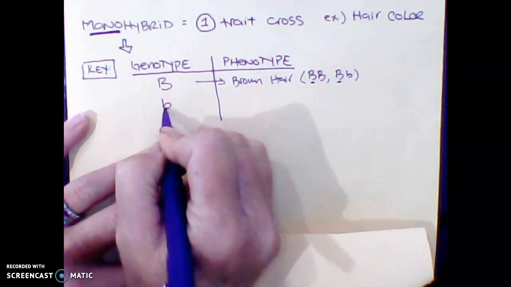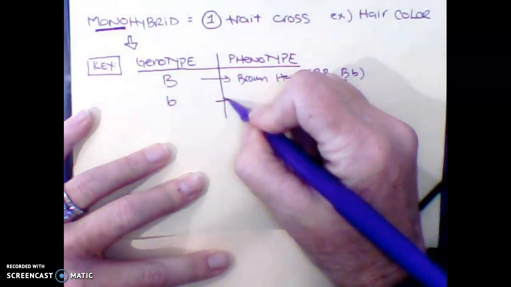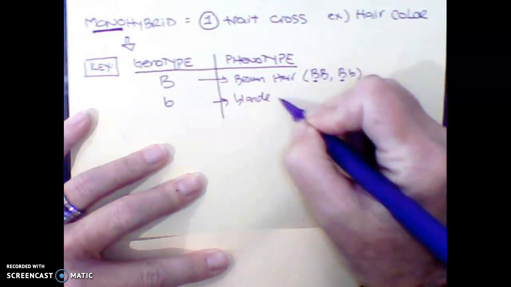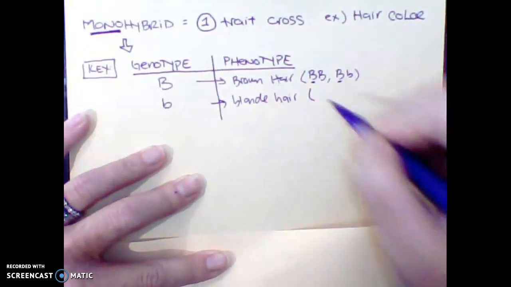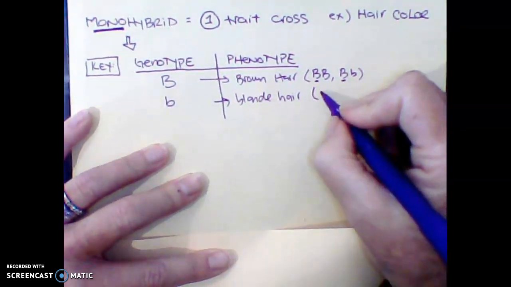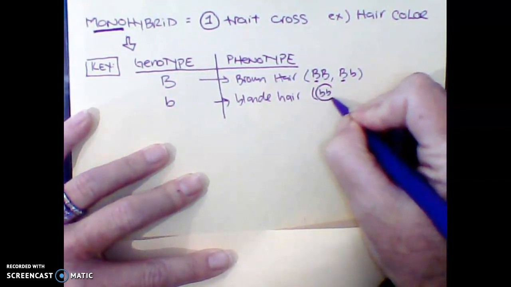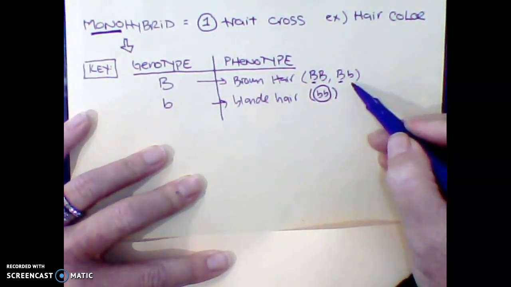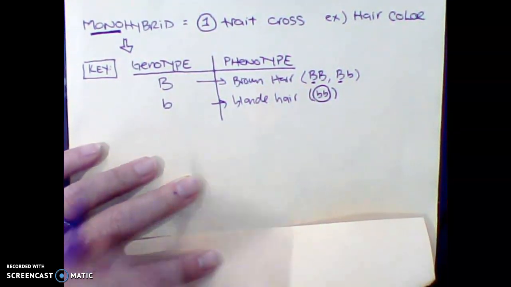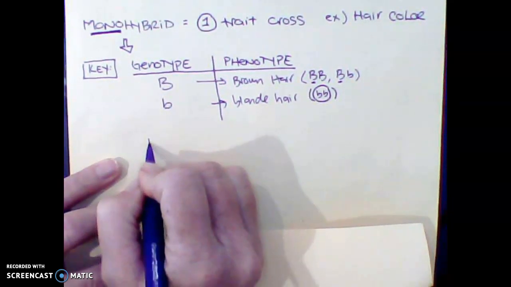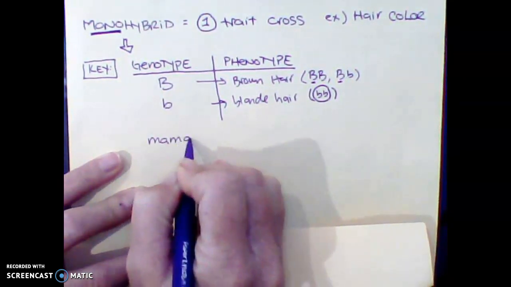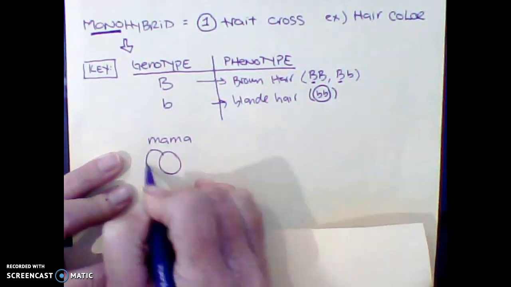If I inherit a little b, that means that I will have blonde hair, but in order to get that recessive trait, I must inherit 2 little b's. Otherwise, I will have brown hair, okay? So let's say, for example, you have 2 mice. Here's Mama Mouse, their big ears.